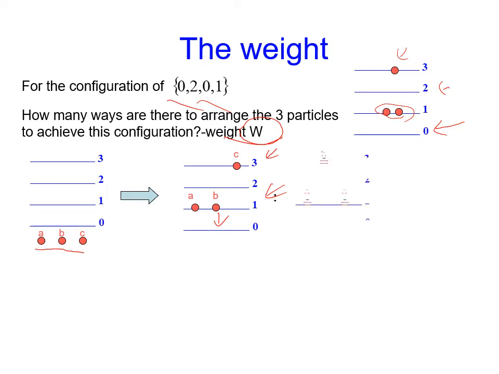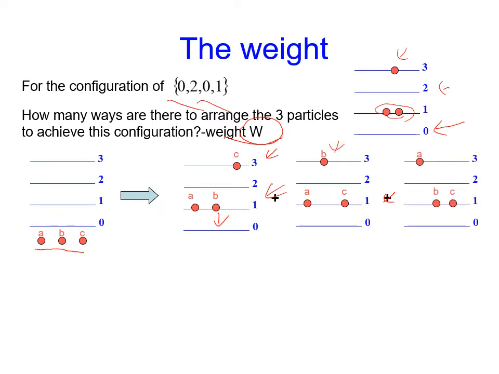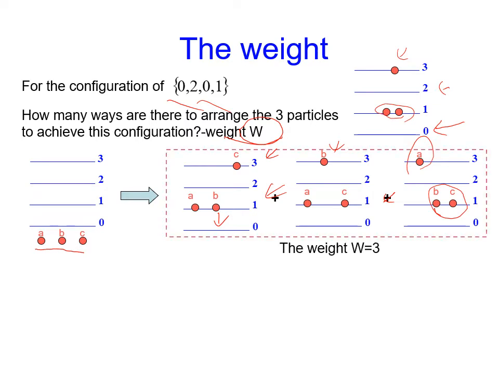It is also possible to have AC at the second energy level, but B at the fourth energy level, or maybe BC at the second energy level and A at the fourth energy level. And these are 3 possible arrangements to achieve this configuration, where 2 particles are at the second energy level and 1 at the fourth energy level. So the W is 3 possible arrangements.